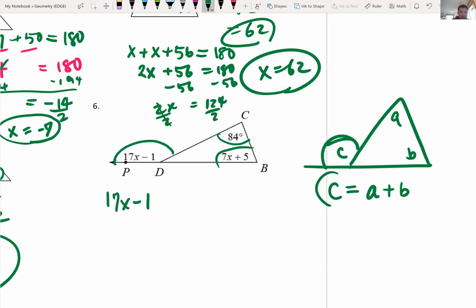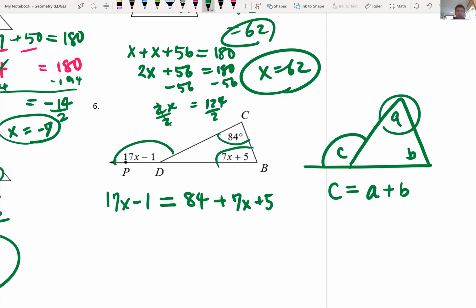That's the C right here. 17x minus 1 equals 84 plus 7x plus 5. Does that make sense? Isn't that exactly what the theorem says? C equals A plus B.